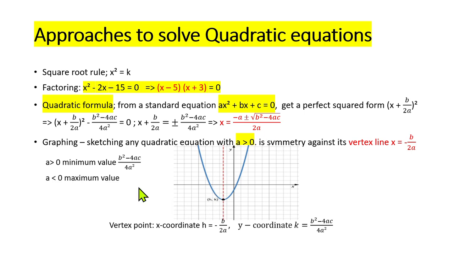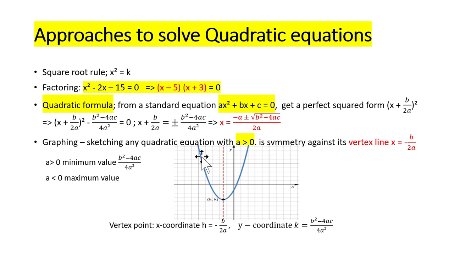And we can also solve the questions by graphing the quadratic equations. Here again, ax squared plus bx plus c equals 0. Let's suppose a is positive, the coefficient of x squared.